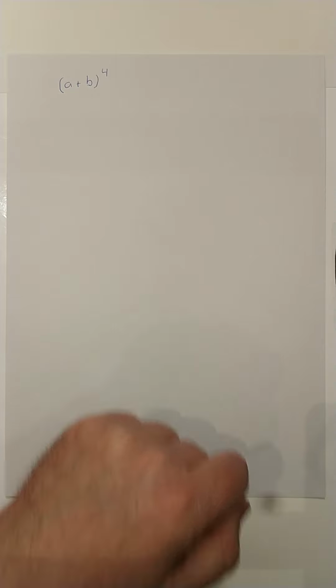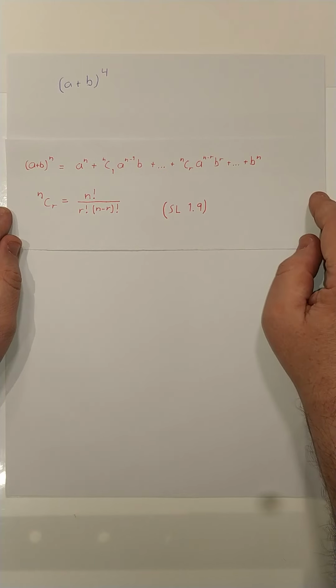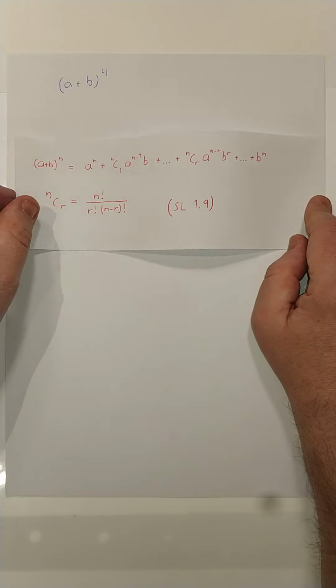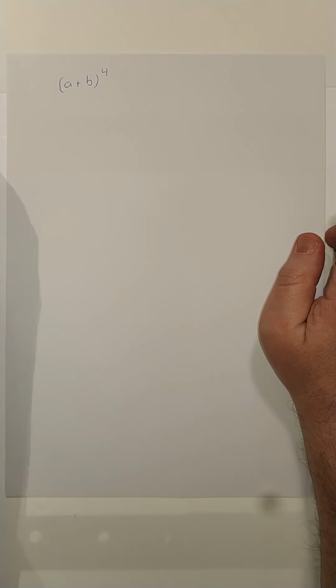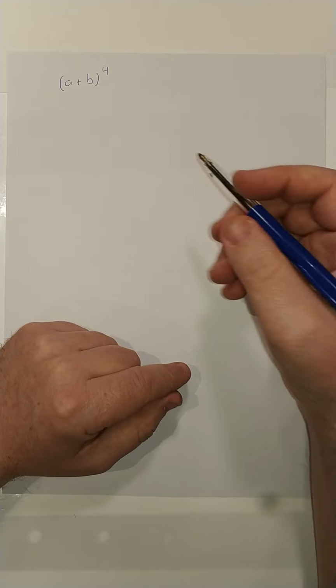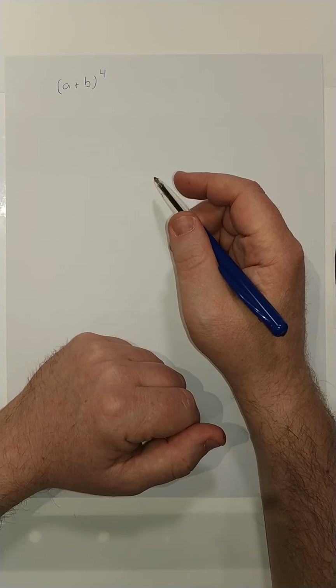If you study IB math and you look at your formula booklet, you have this formula, which is true, but maybe at first glance doesn't seem so easy to use. So what we are going to do is look at how you get to the formula, and we're going to use a question of combinations.